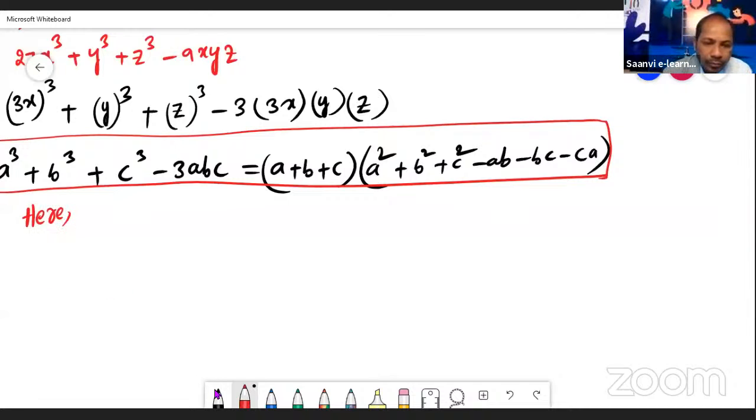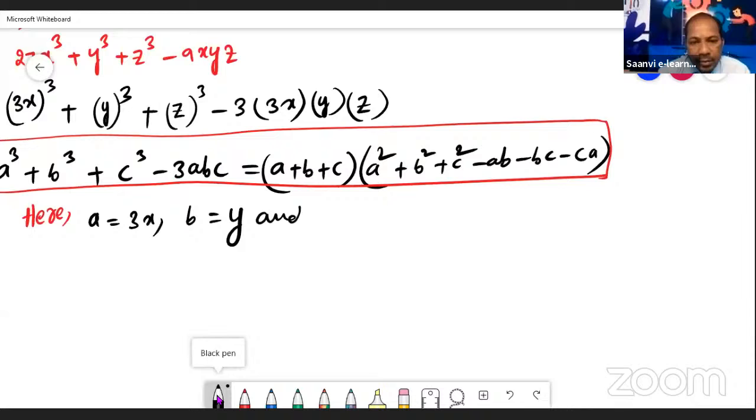Here in the place of a, what is there here? 3x is there. So a is equal to 3x. And in the place of b, what is there? Y is there. So b is equal to y. And in the place of c, what is there? Z is there. So c is equal to z.